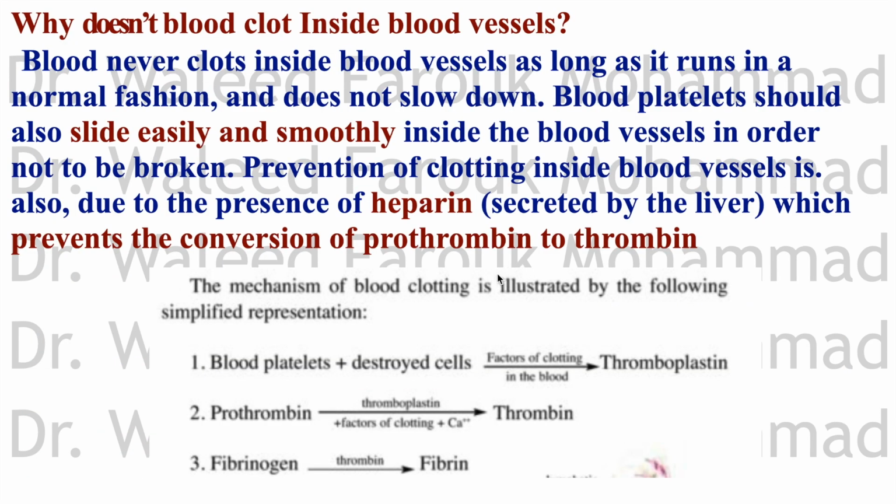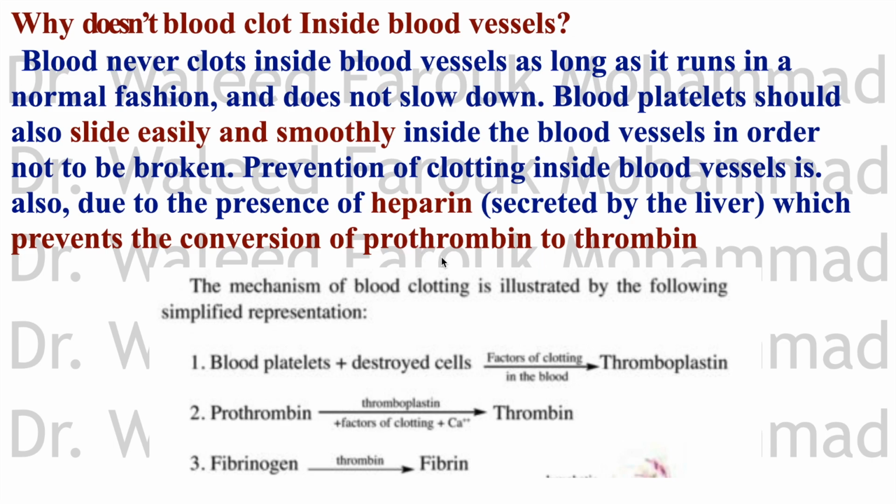Why doesn't blood clot inside blood vessels? Blood never clots inside the blood vessels because the intima, the lining, is smooth. That makes sure that the cells slide easily and smoothly without adhering to the surfaces of the blood vessel. What else? Because there are traces of heparin inside the blood, which is secreted by the liver.